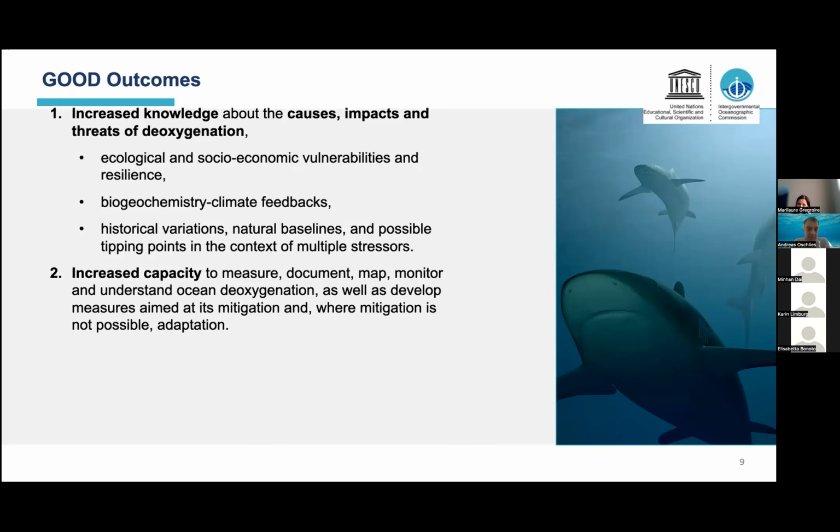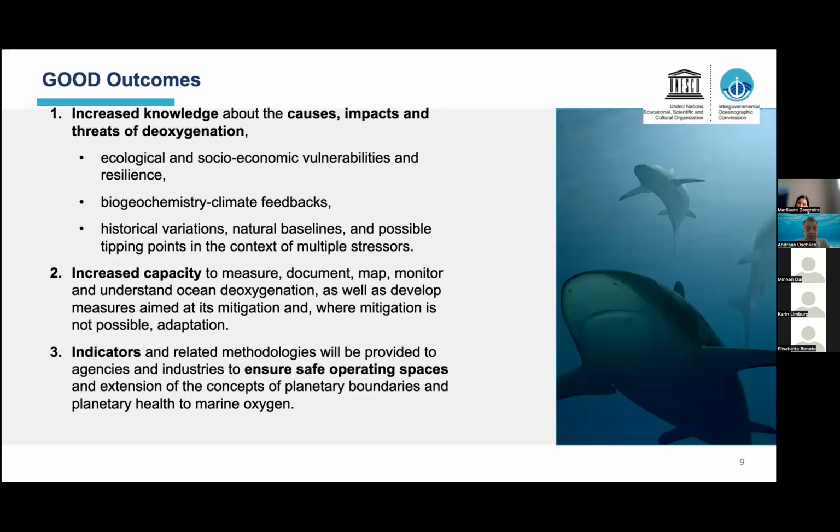in topography. We hope we will have an increased capacity to measure, document, map, and monitor ocean deoxygenation in order to have the best potential for understanding. So this includes many coastal knowledge in local databases. We have to combine that and really make this transparent, what is known in many communities, but not well coordinated on a global level.